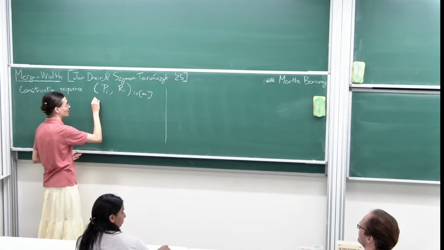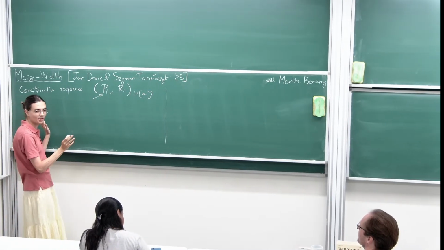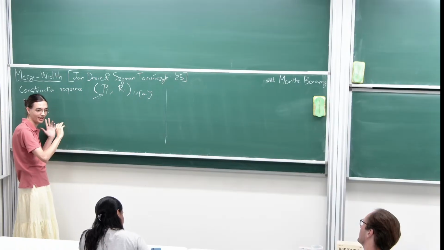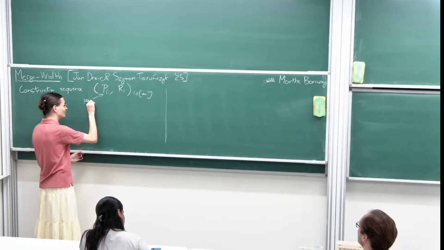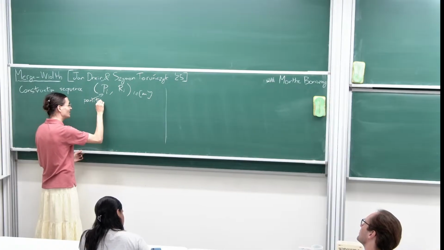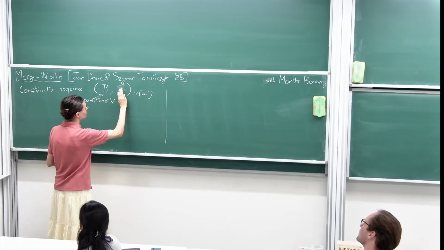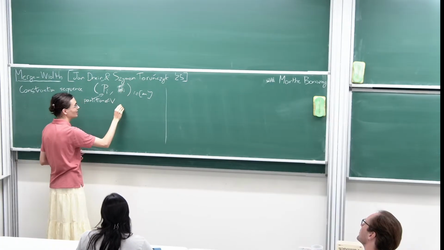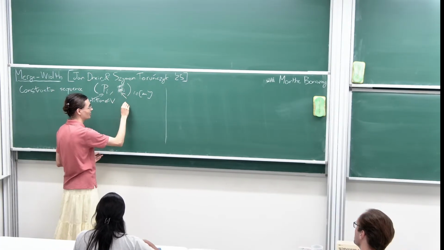At each step you will have, okay, I should first say that the vertex set will be fixed. What we are constructing are the edges. So you will have a partition of the vertex set, and this should be E, and this will be the current edge set.